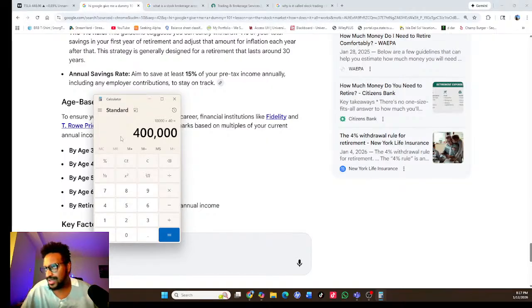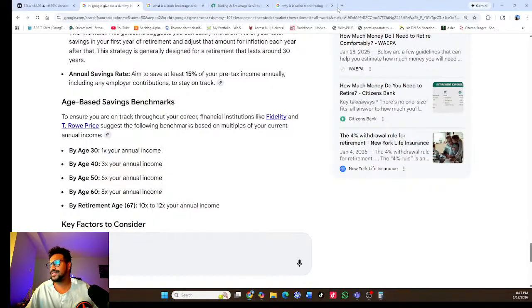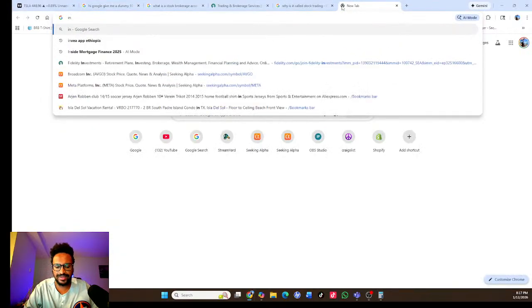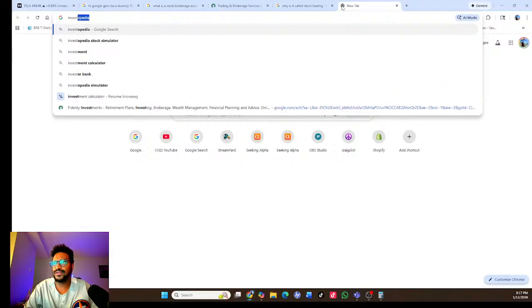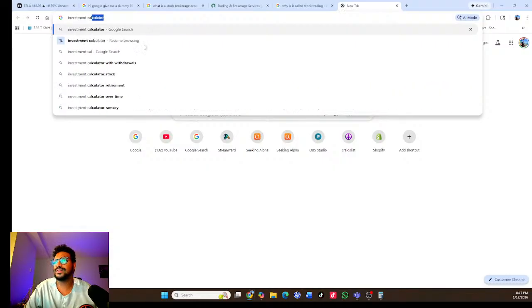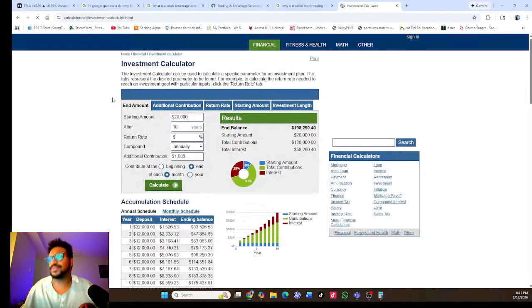But if you invest that instead of saving it, you can use an investment calculator. You can go to investmentcalculator.com.